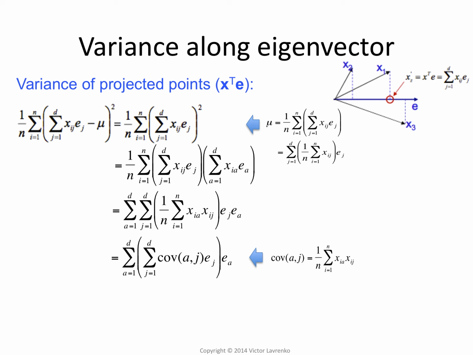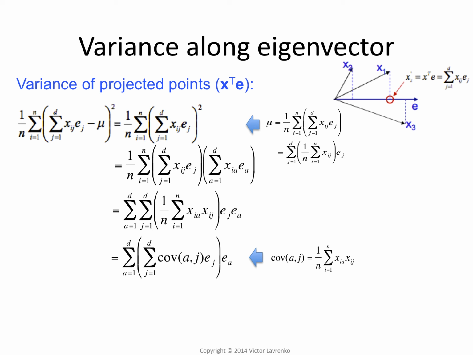Now look at the inside sum. For all J from 1 to D, I look at the covariance of A and J. That is a row of the covariance matrix, and I'm taking that row and multiplying it by the elements of the eigenvector. So I'm doing a dot product between a row of the covariance matrix and the eigenvector E. Because it's an eigenvector, I know what that is going to come out to.